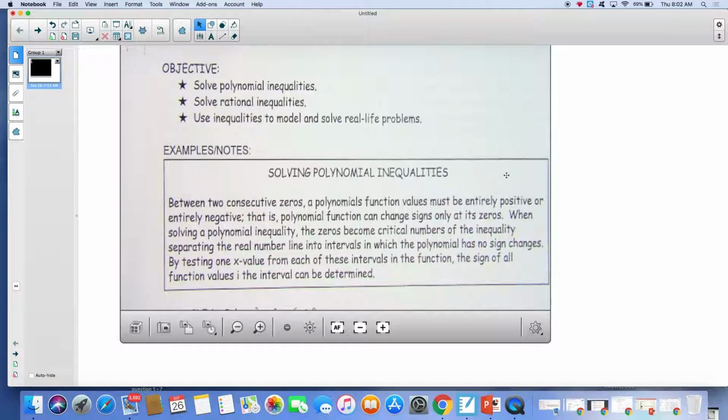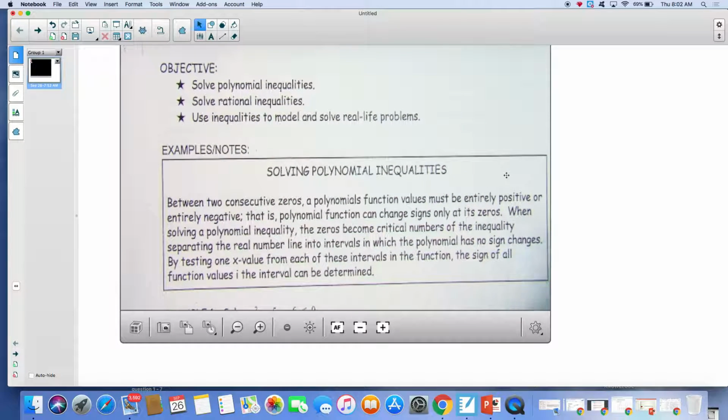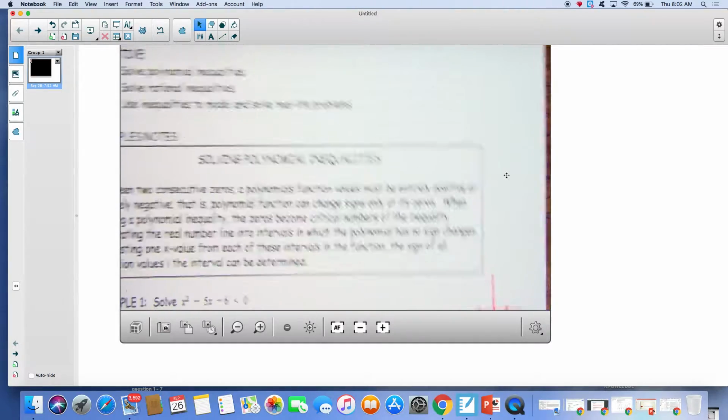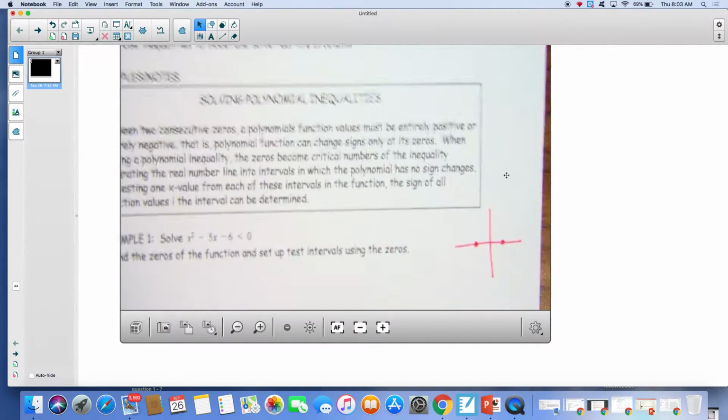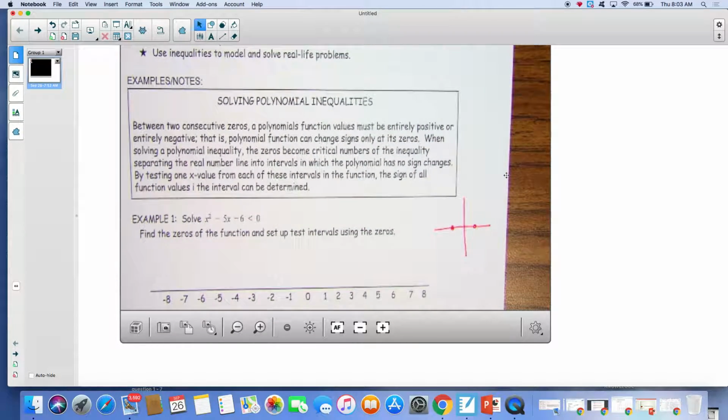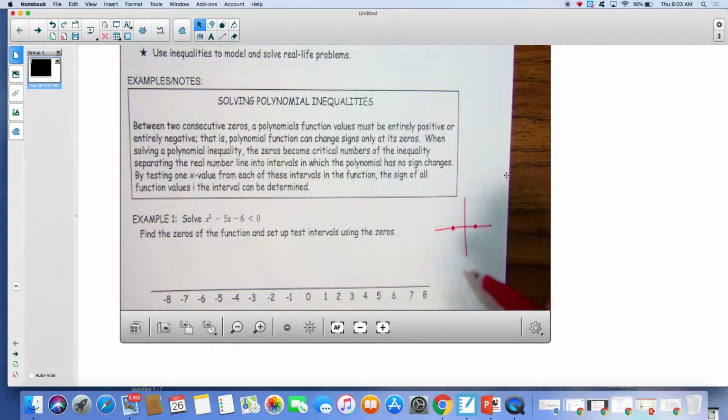Okay, solving polynomial inequalities. Between two consecutive zeros, a polynomial function's values must be entirely positive or entirely negative. Does that make sense to you? If I had a graph with zeros here and here, what happens between them?